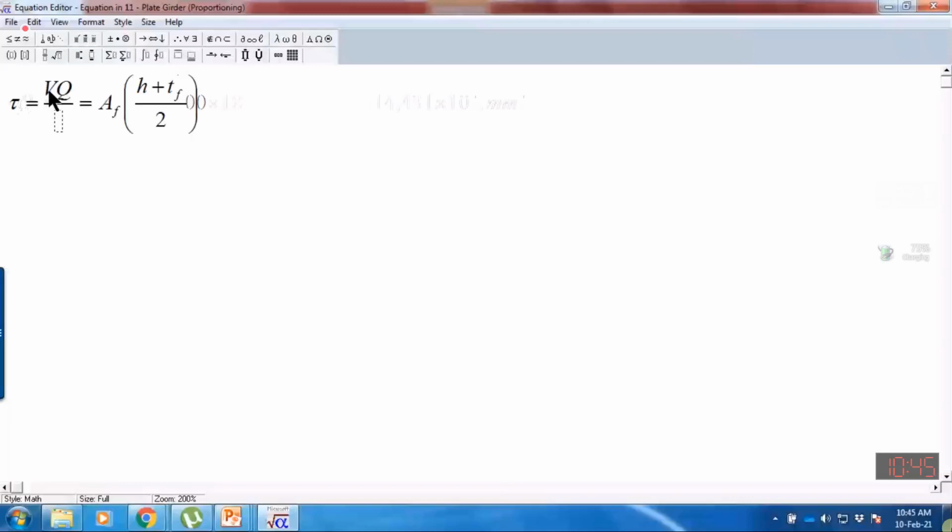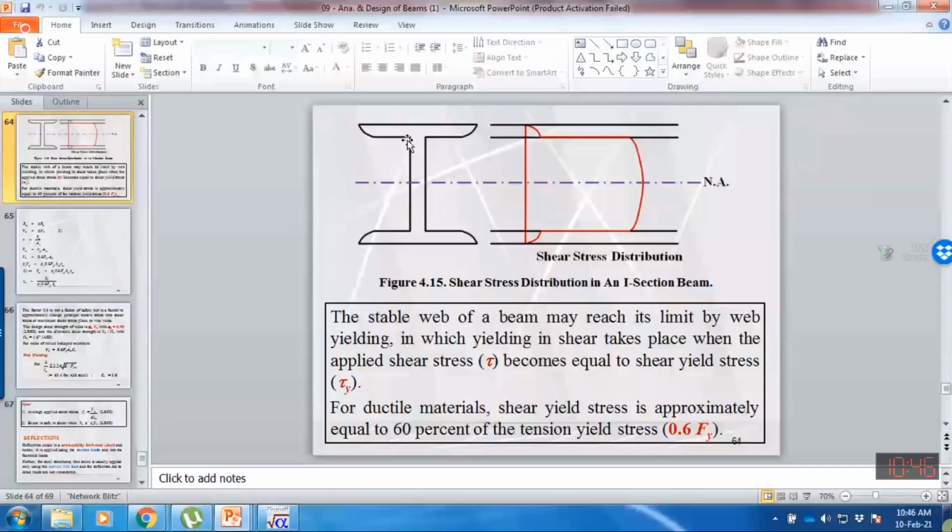Here this b will be our thickness, and Q you can compute separately, Q is the partial area times y, the static moment of area, because we want to compute these stresses at this point. So it is the partial moment of the area of the flange, or the area which is above the layer, times the moment arm.